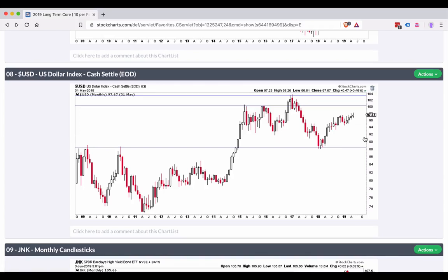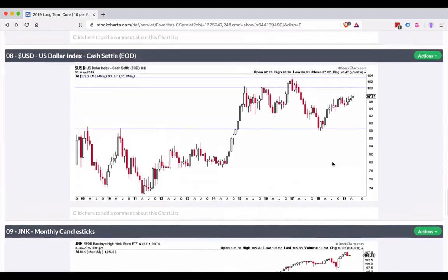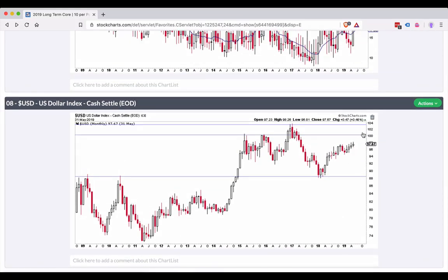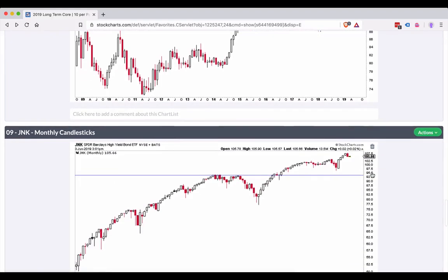So mostly the trend here on the very long term is still sideways with a slight bias to the upside, given the fact that we're coming from the bottom left to the upper right. So US dollar, not a whole lot to say. Still looks like there's room to $100 if this trend will continue.